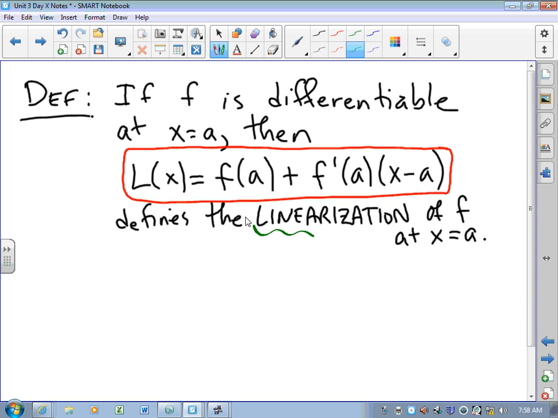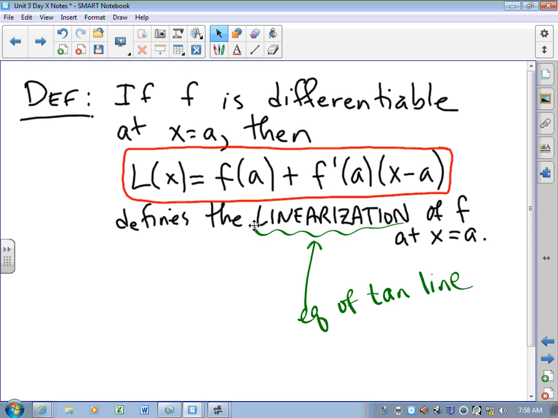And all we mean by linearization is that we're using the equation of the tangent line. It's got the same slope that the tangent line does. It passes through the point (a, f of a). So this L of x function is nothing more than the linearization. It's the equation of the tangent line at x equals a.